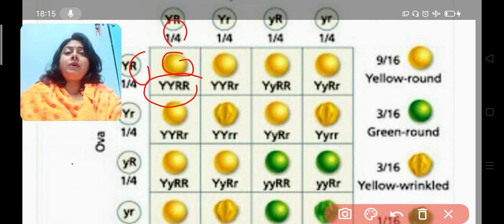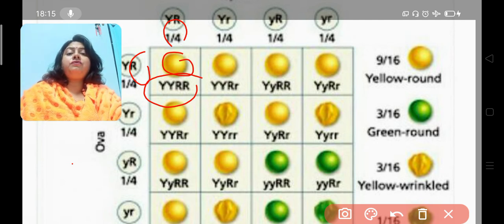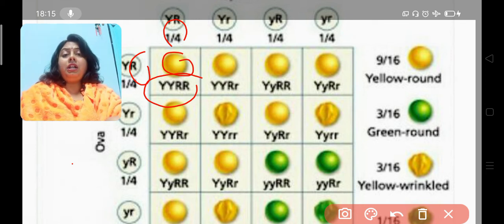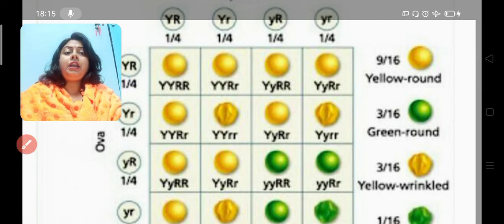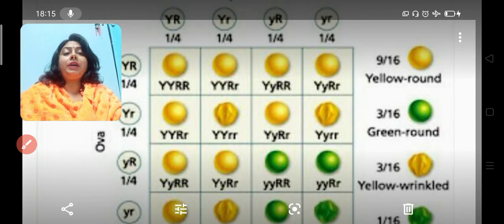So, the genotype of the F2 generation will be capital Y capital Y capital R capital R. And what would be the phenotype? Yellow and round seed. Likewise, all the combinations were written down in the Punnett's square.